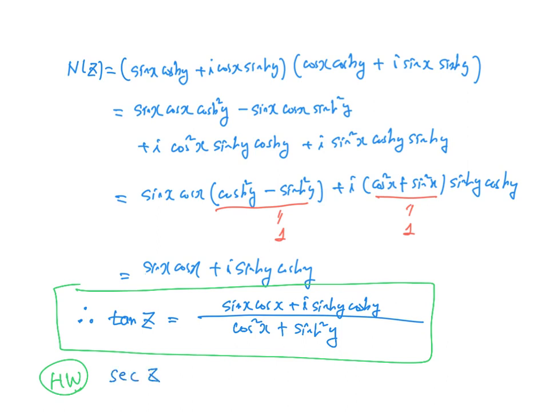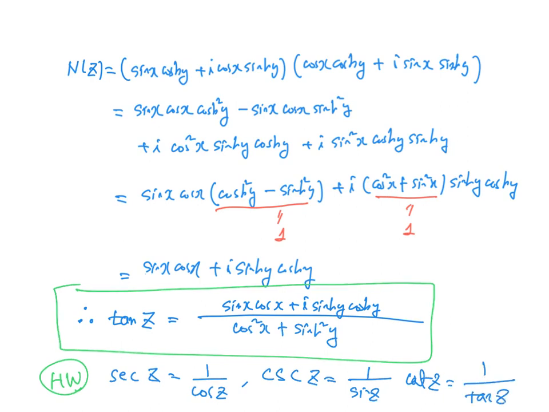Secant z, cosecant z, cotangent z is easy, 1 over tangent z. So you can do it as homework.